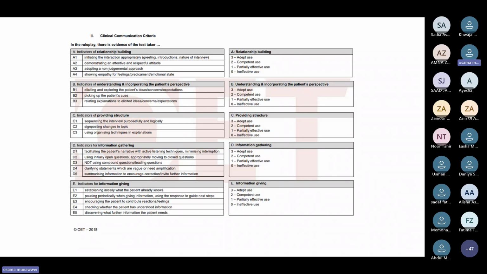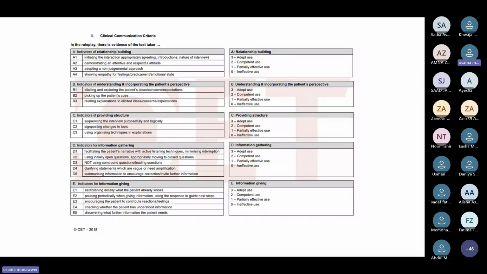B may have indicators of understanding and incorporating the patient's perspective, eliciting and exploring the patient's ideas, picking up the patient's cues, relating explanations to elicit ideas. So in this, for example, you initially asked the patient, could you please tell me a bit about what's been concerning you or what's been bothering you?